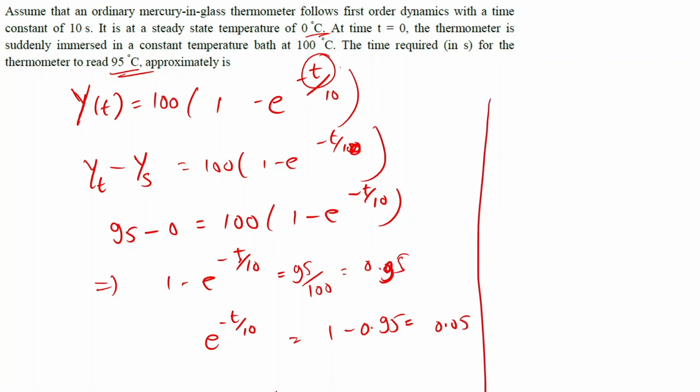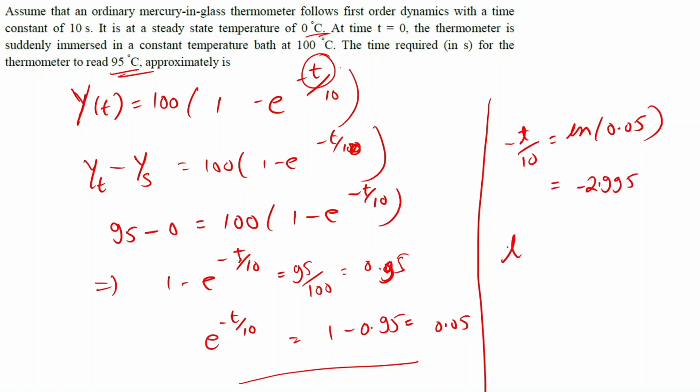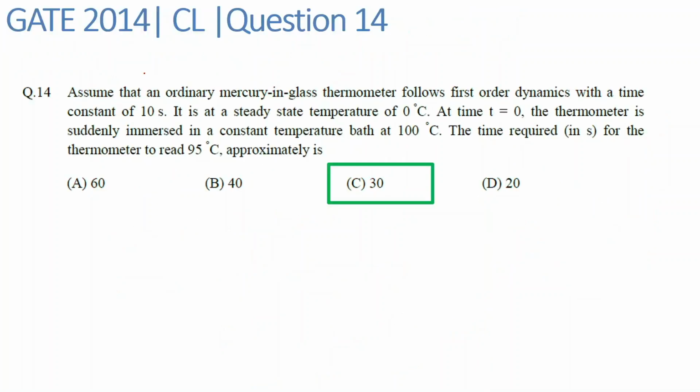So we can take the log of this equation and we will get minus t upon 10 is equal to ln of 0.05, which is equal to minus 2.995. Basically the time will be 29.95 seconds. So it will take approximately 30 seconds for the thermometer to record a temperature of 95 degrees Celsius. So from the given options, we can select that the time required by the thermometer to reach 95 degrees Celsius is approximately 30 seconds.